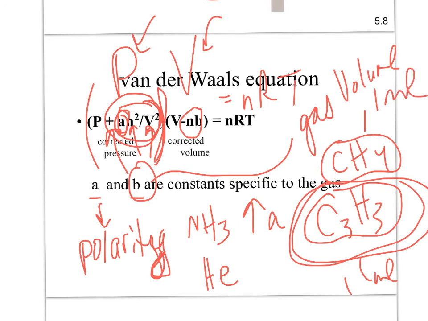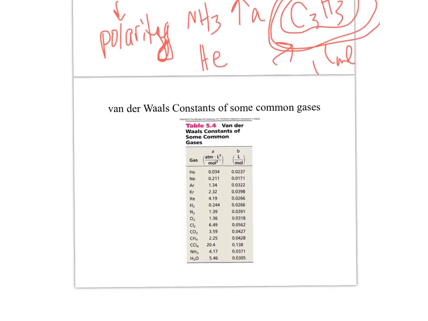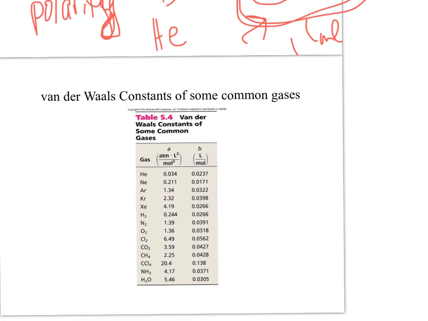Which one takes up more container space? Obviously the propane. So therefore, larger gases need more of a correction for the volume. So you never have to memorize what these values would be. You simply would have to look at a table or argue for them, for example, argue for them theoretically, why that is true, right?